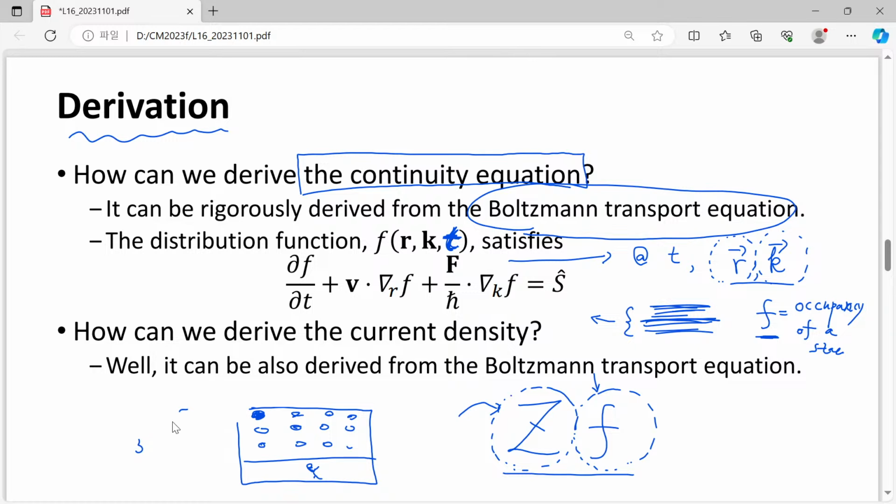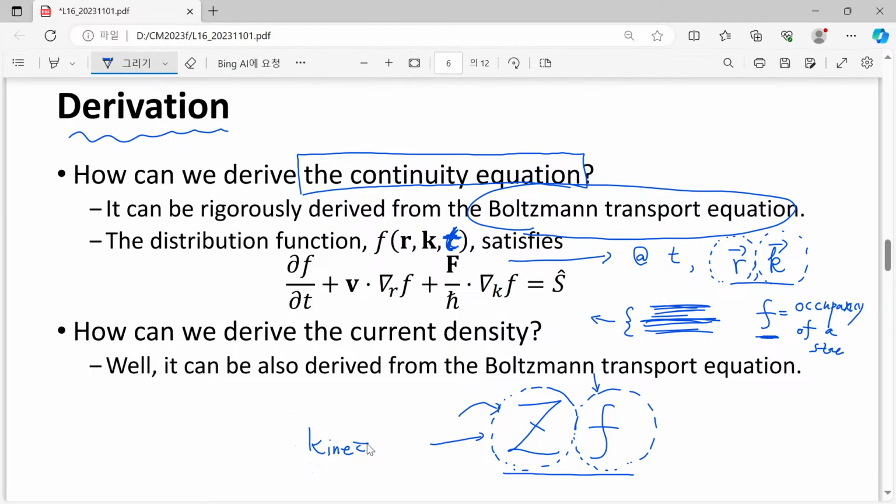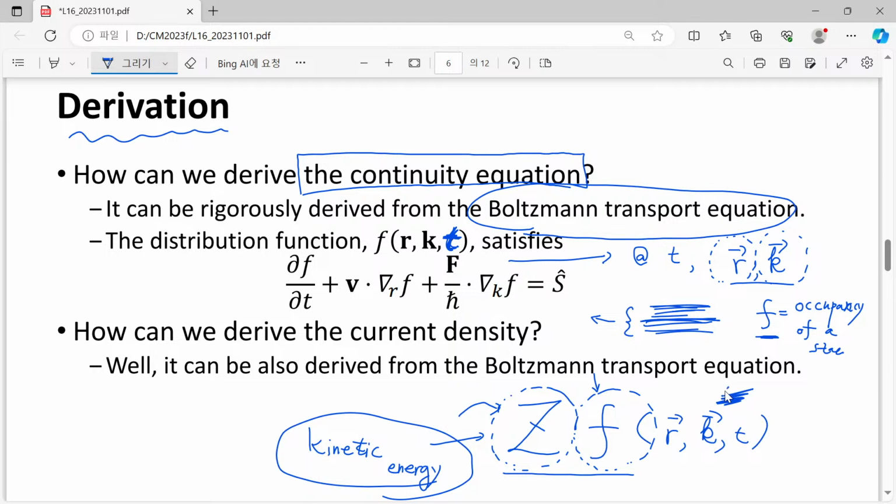If we have a certain energy value, then from the bulk density of states, we expect that the density of states is given. So, simply speaking, this one is a function of your kinetic energy. And here we need certain position, k, and t, and this wave number is more or less related with our kinetic energy.